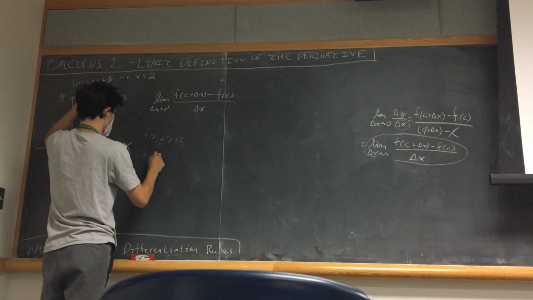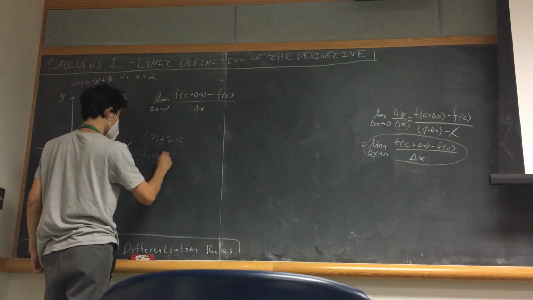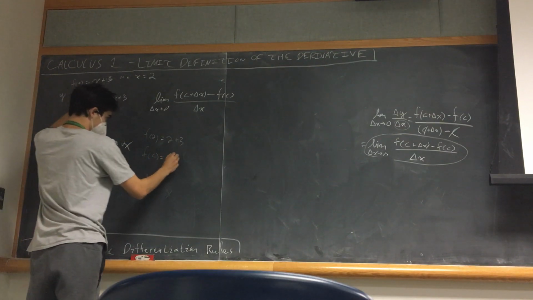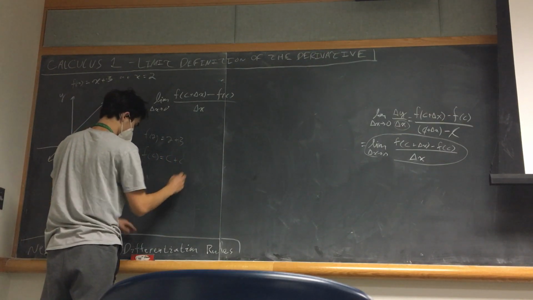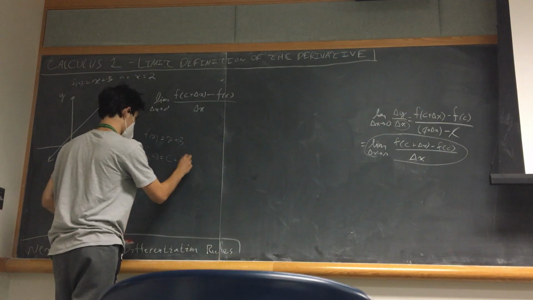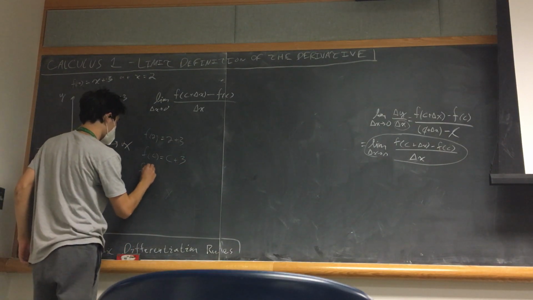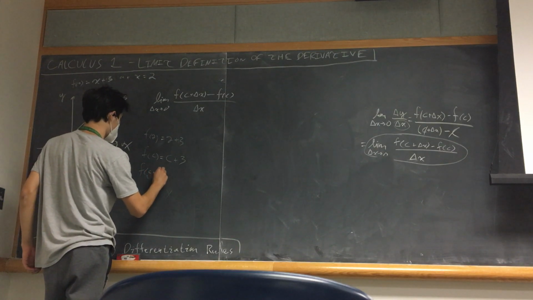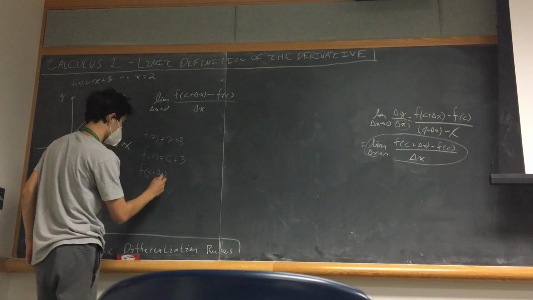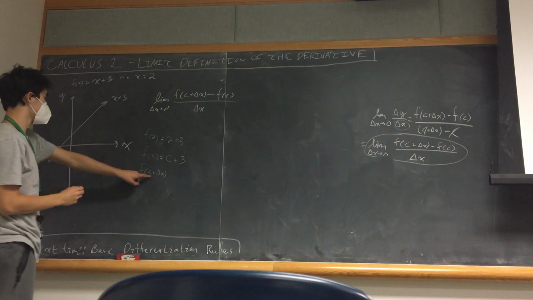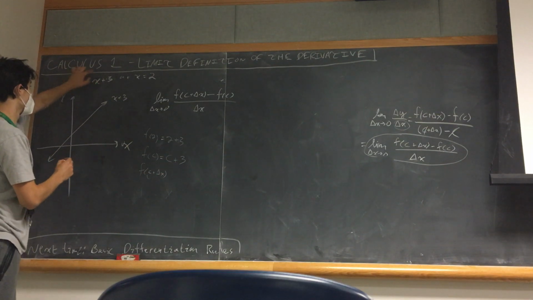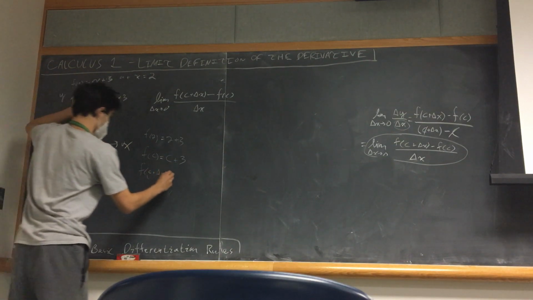Say you wanted to know f of c, you'd plug in c for x. It would be c plus 3. Now, let's say you wanted to know f of c plus delta x. You would just plug in c plus delta x for where there's any x in this function.